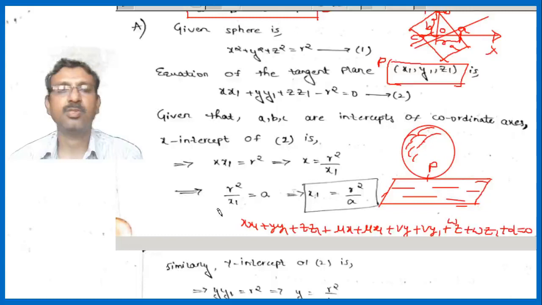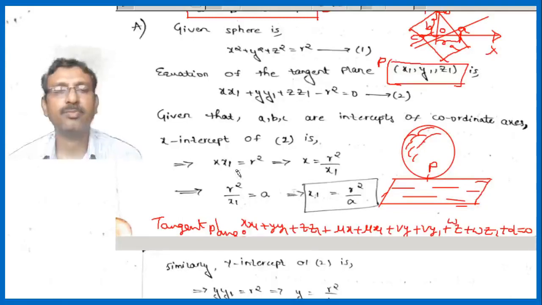This is the formula for the tangent plane. Here u, v, w are 0, only the constant term and x, y, z terms are there.